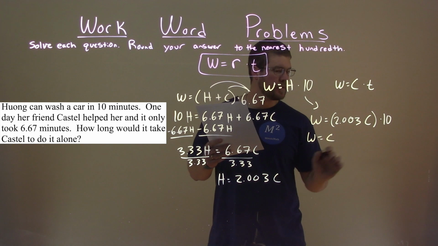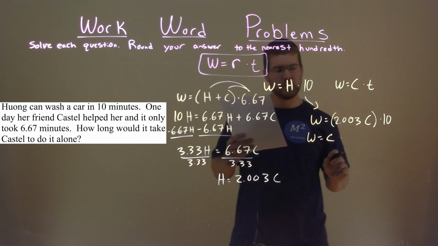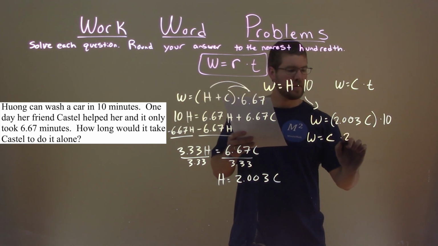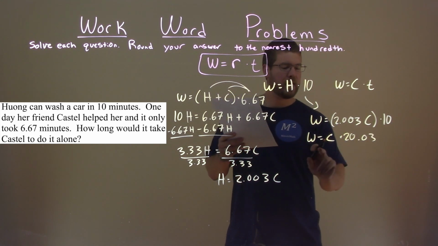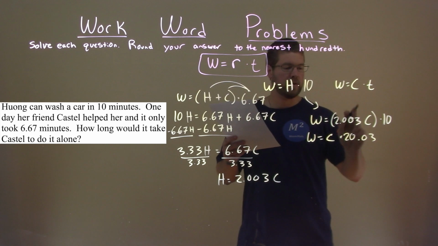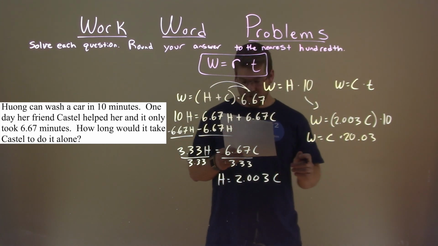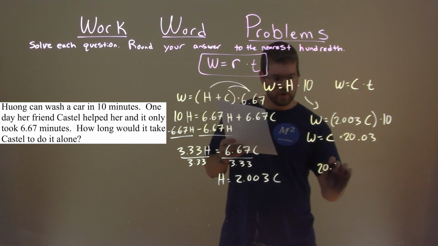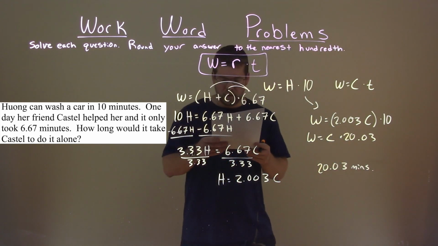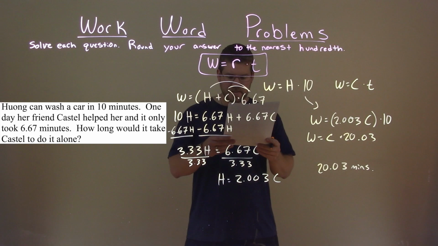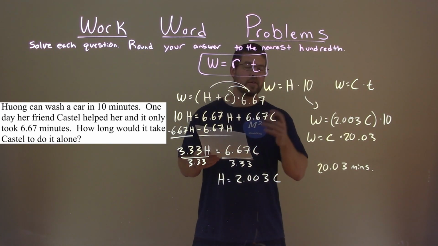We'll put C first and multiply that by 2.003 times 10, which is 20.03. And now we can see how this matches up with our formula from earlier. Our time here for Castle is 20.03 minutes, and that's how long it would take Castle to wash the car.